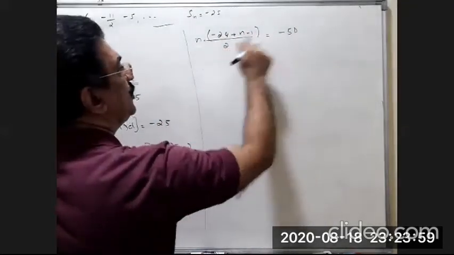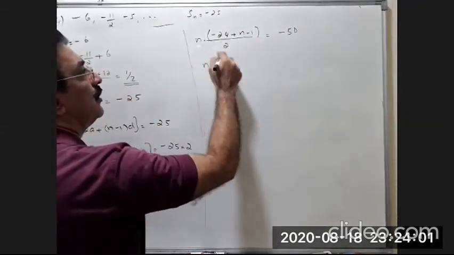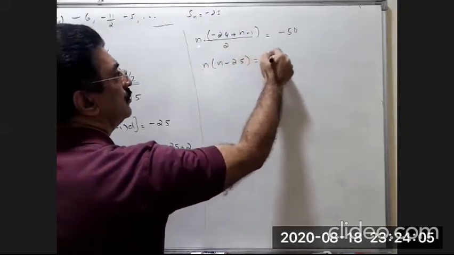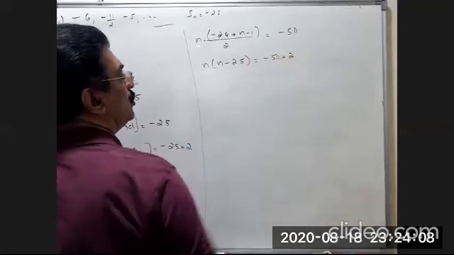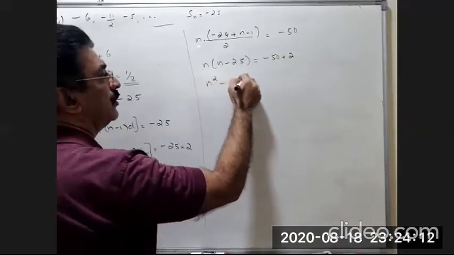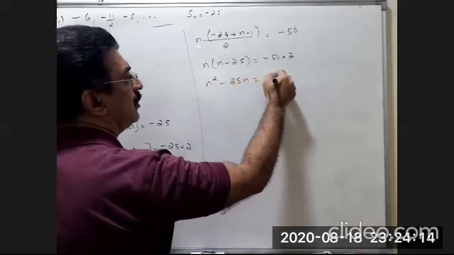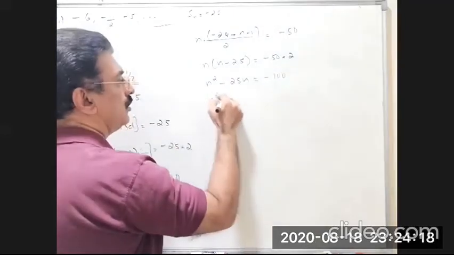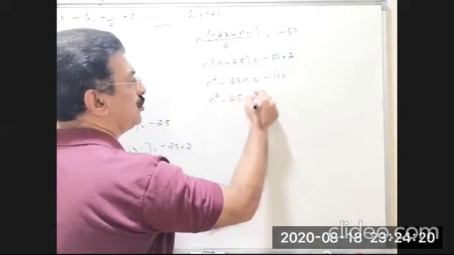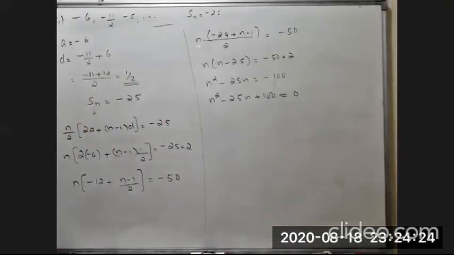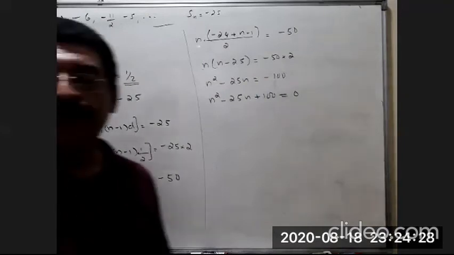Again cross multiply. N into n minus 25 equals minus 52. N square minus 25n minus 100, or n square minus 25n plus 100 is 0. We got a quadratic equation.